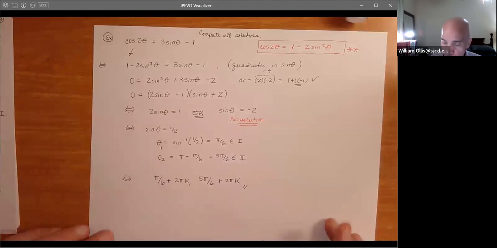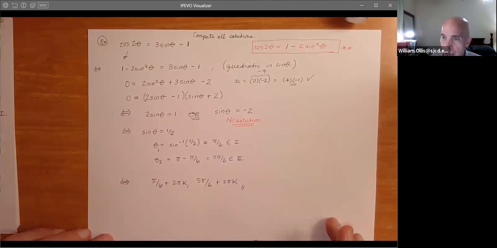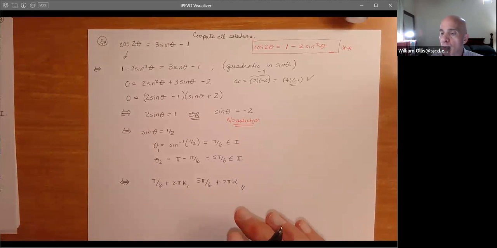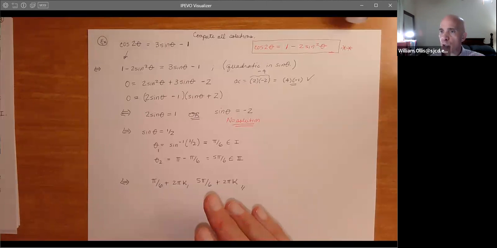So I think this is a really nice example that gives you a reason for knowing certain trig identities. As I've said before, as you work through calculus, certain identities will come up over and over again, and you will put these in your memory bank.